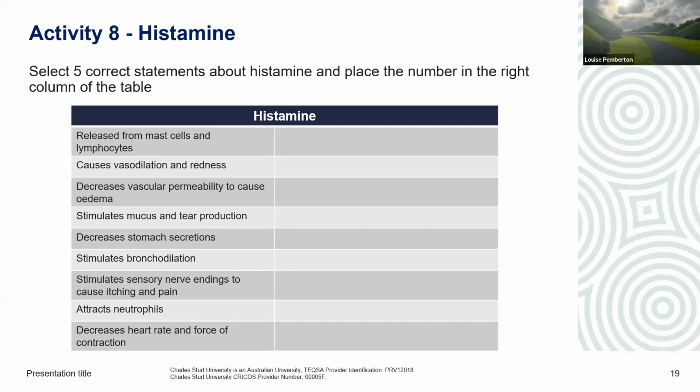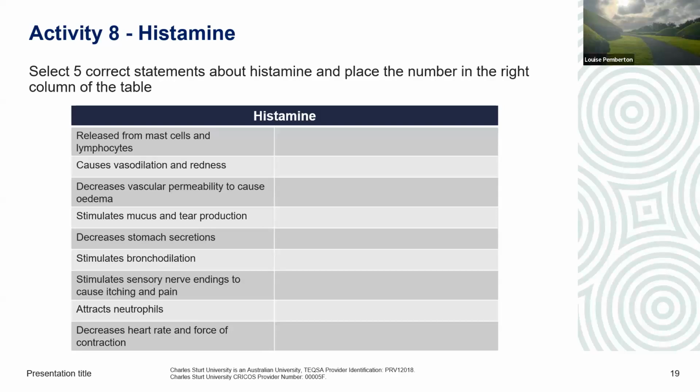No. Does it stimulate mucus production and tear production? Yes, it does. Does it decrease stomach acid secretions? No, it increases them. This one's important. Does it stimulate bronchodilation? No. It does the opposite. It stimulates vasodilation, but bronchoconstriction.